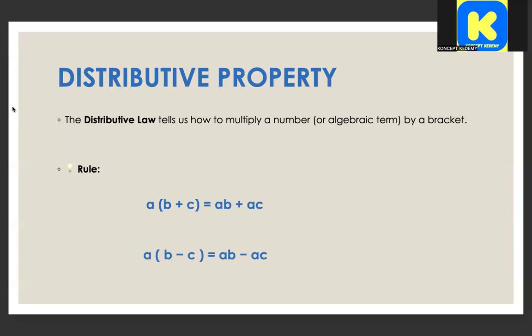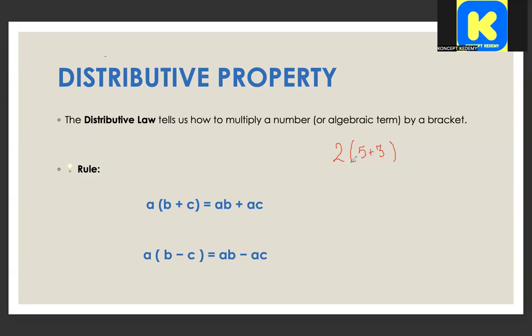Now I want you to recall the arithmetic part where you have solved questions like 2 into 5 plus 3, or 8 into 3 plus 9, or 5 into 6 minus 2. To solve these kinds of questions, we have two ways. First is simple BODMAS, that means solve the thing which is inside the bracket and then multiply.